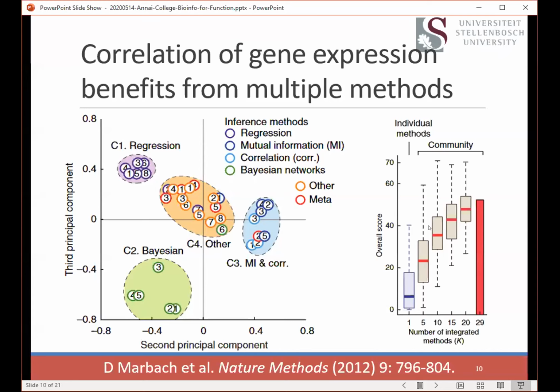Once you add together 5 methods or 10 methods or 15 methods, the amount of overall quality that you're getting out of the resulting gene networks gets better and better. So this is a field where individual engines, none of the individual engines can really claim to best performance. But once you start putting them together, the consensus gives you much better result than what an individual engine would.